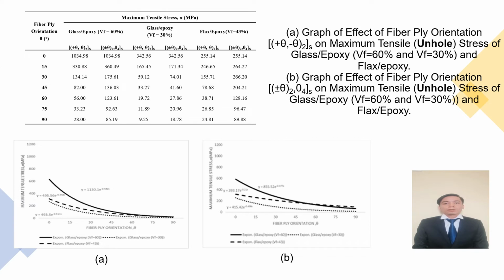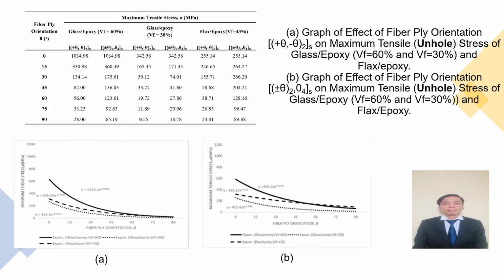This is the result for tensile unhole. As we see in this result, the maximum stress decreases when the degree of orientation increases. This is because under the tensile load, the parallel 0 degree fiber orientation has the highest tensile strength, since the specimen failed due to tensile rupture of the reinforcement fibers and debonding of the fiber matrix interface.